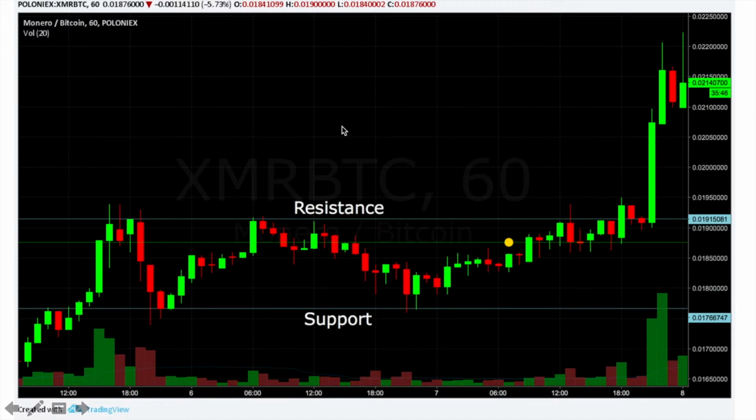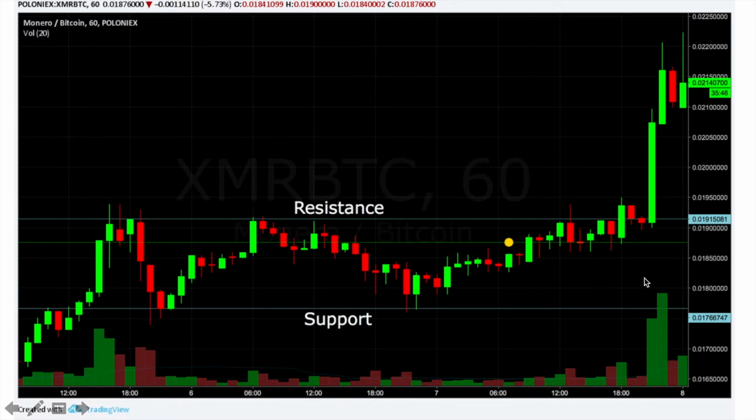But resistance doesn't always hold, and a break above resistance signals that bulls have won the battle over the bears. Typically, resistance is broken with a long green candlestick, and you see volume below is quite high as well. A break above resistance shows a new willingness to buy or lack of incentive to sell.